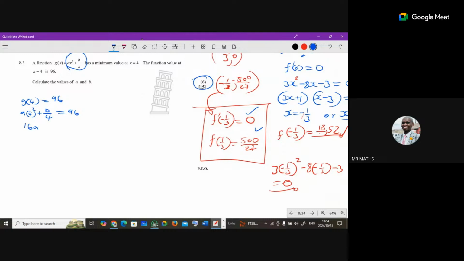Okay. 16a plus b over 4 is equal to 96. I can take 16a to the other side. I will be left with b over 4 is equal to 96 minus 16a. Then I multiply everything by 4. So I'll have b is equal to 96 multiplied by 4.